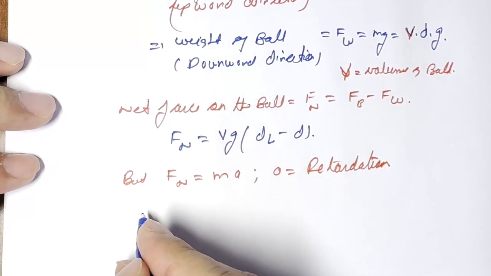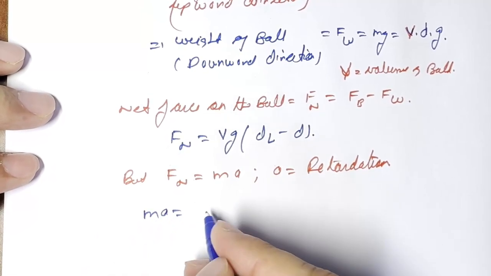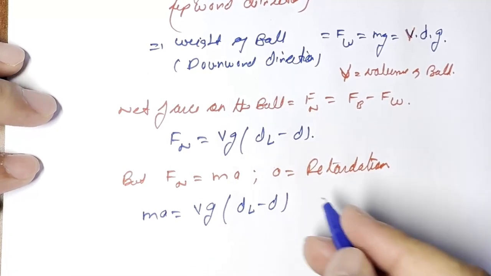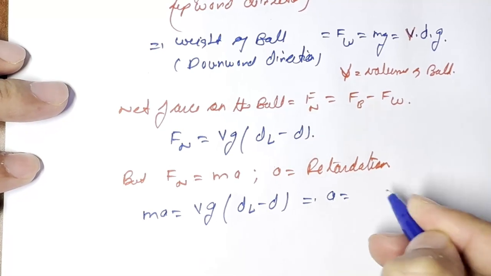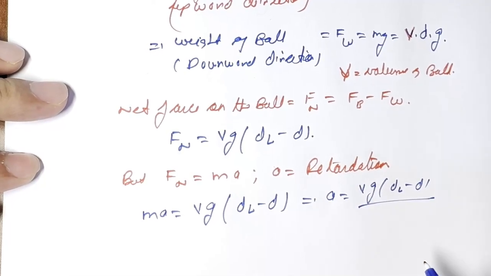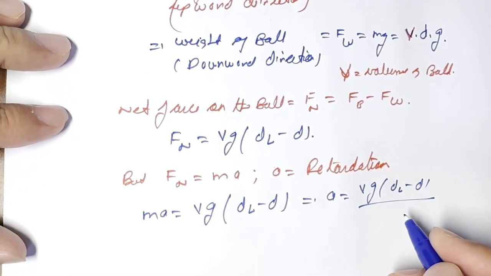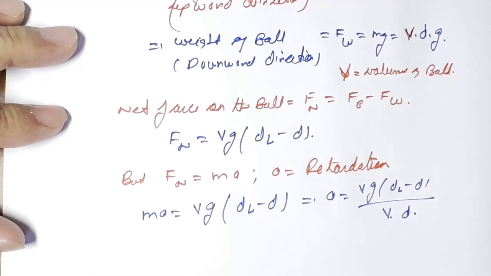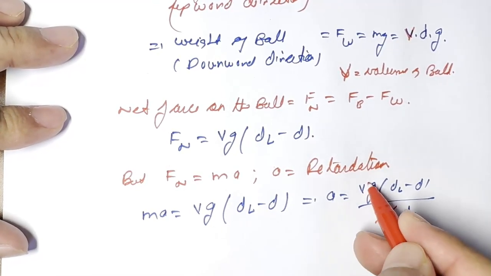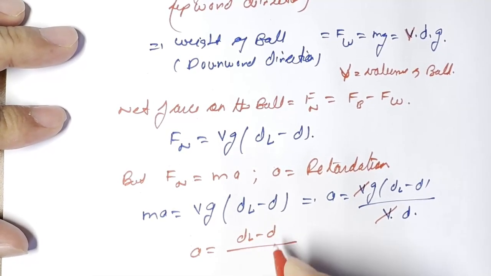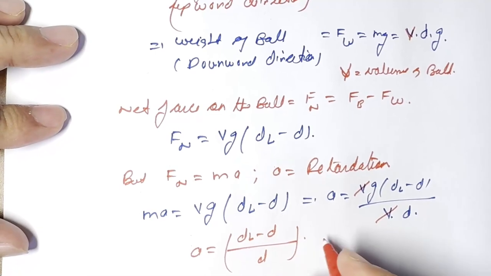Substituting, m a is equal to V g (dl minus d), so a is equal to V g (dl minus d) divided by mass, and mass is nothing but volume into density. The V cancels, and we get acceleration equal to (dl minus d) divided by d, whole multiplied by g.